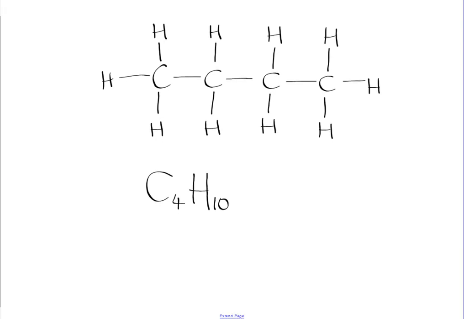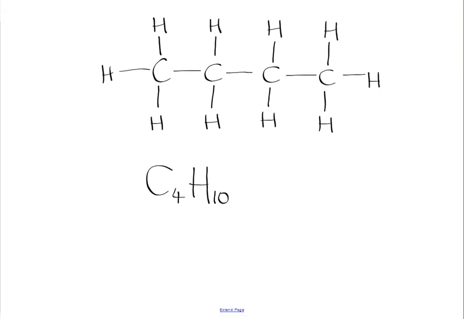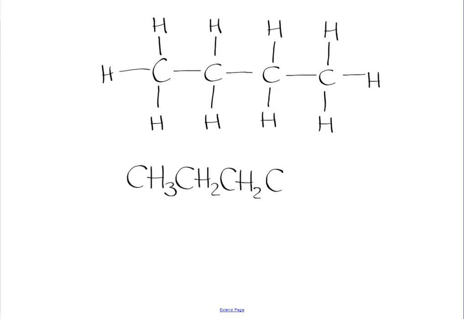So if we take a little bit at a time, just get rid of this C4H10. The first C has got 3 H's attached to it. Next to that, there is a C with 2 H's, and then there's a C with 2 H's, and then there's a C with 3 H's.